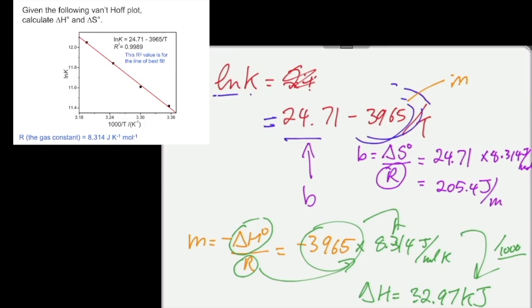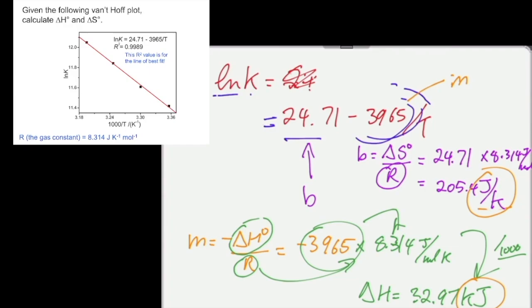Now remember we talked about before, look at your units. Enthalpy values are generally larger, generally expressed in kilojoules. Entropy values are smaller, joules per Kelvin. There's still a temperature quantity built into these two.